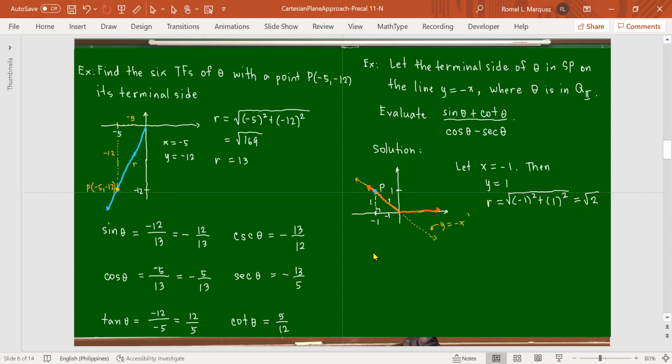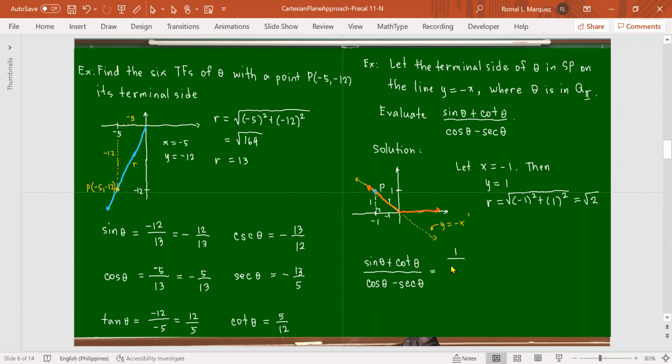So I need sine theta, plus cotangent theta all over cosine theta minus secant theta. What's now the value, guys? Sine theta?